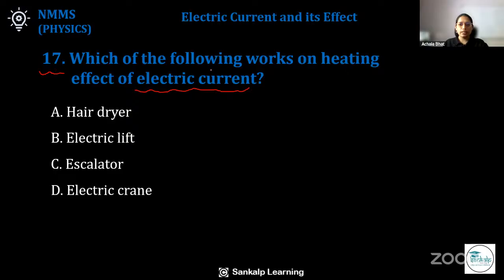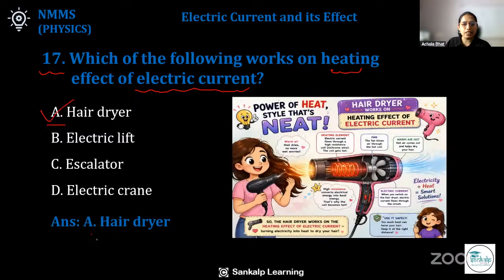Which works on this concept? A. Hair dryer. Yes, here using electricity we generate hot air. Here heat is generated. Therefore, A is the correct answer.